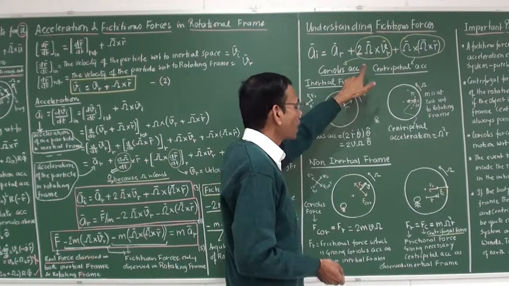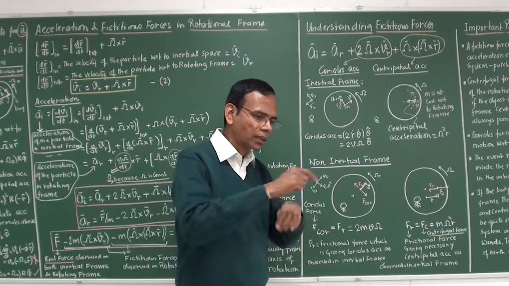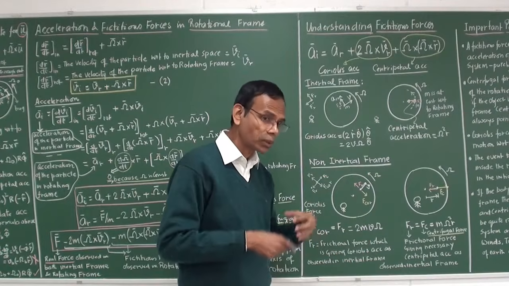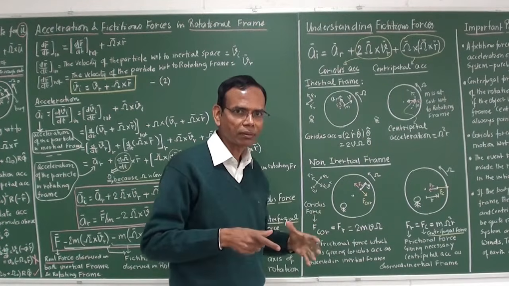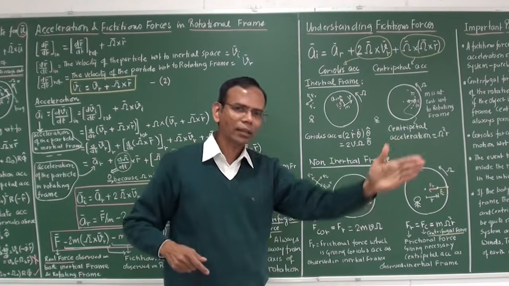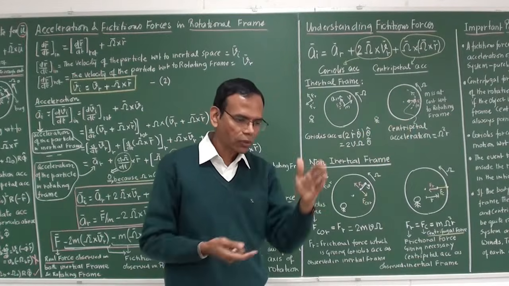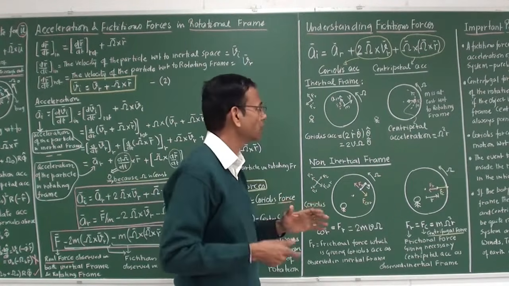Along with the rotation, if there is a velocity with respect to the frame, then there is an interaction between the rotating velocity and the velocity with respect to the frame. So both are interacting.